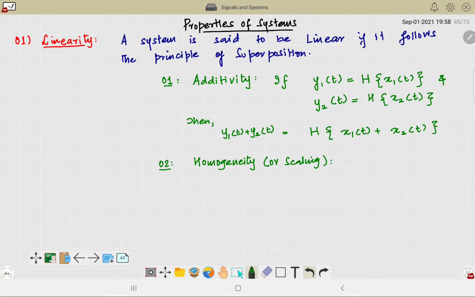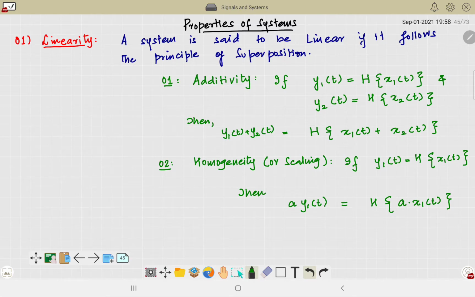As per this property, if I have a system given by this expression, with input x1(t), and the system performs some transformation represented by this, then if I scale my input, amplitude scaling, by some constant factor a, and the system follows the principle of homogeneity, then that scaling factor should appear in the output as well, right?